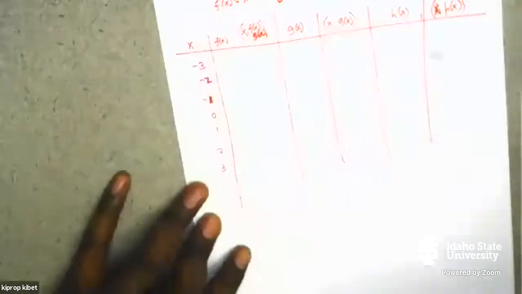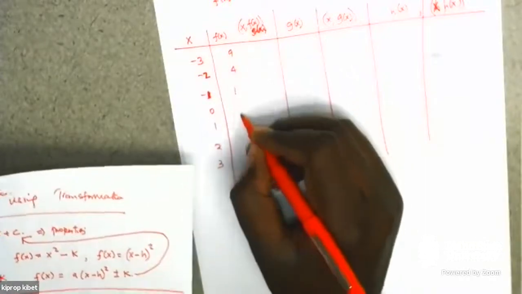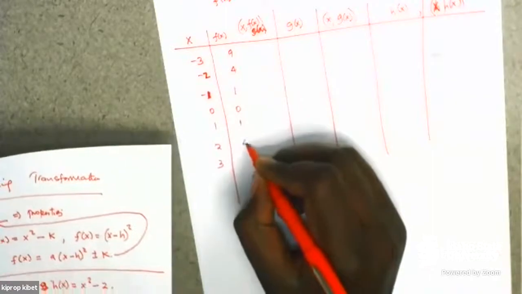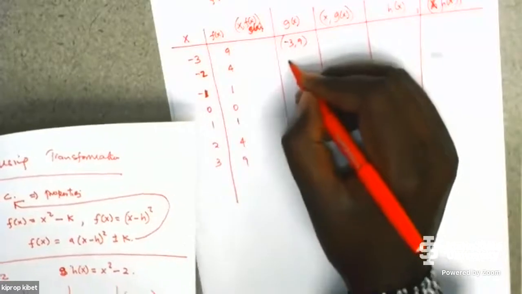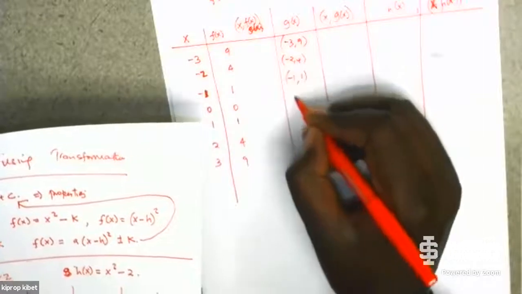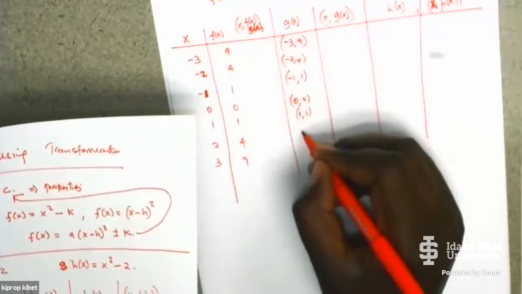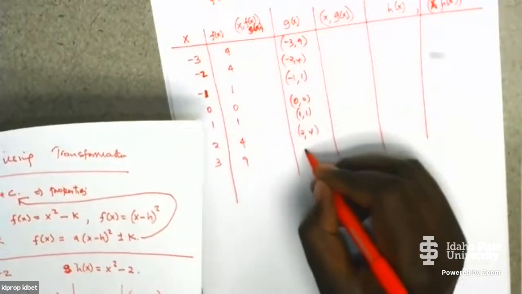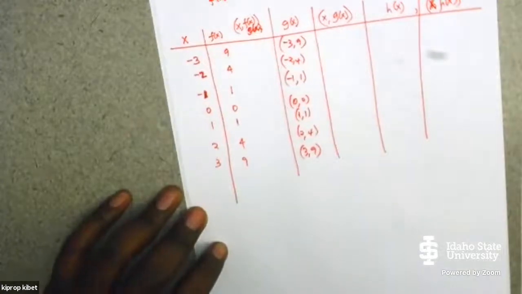Previously, in the first one we got 9, 4, 1, 0, 1, 4, and 9. Now, what happens when we add?